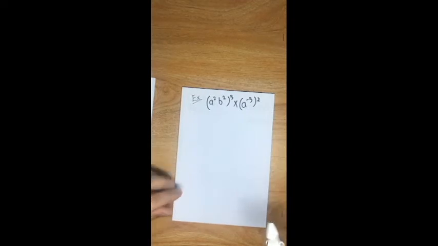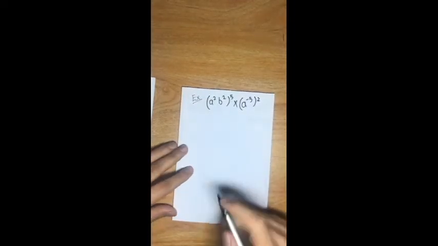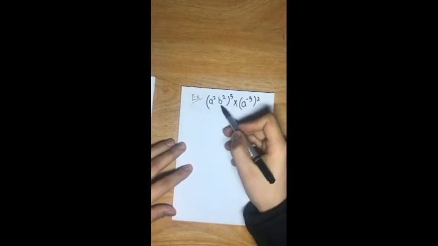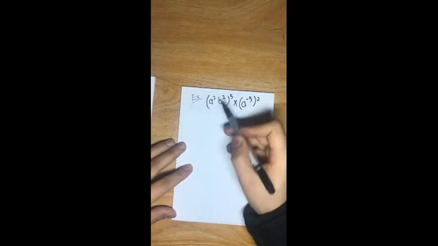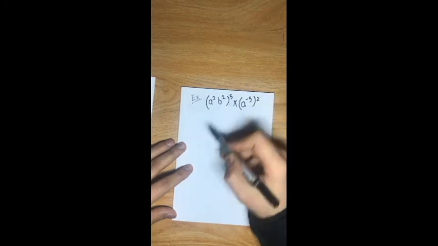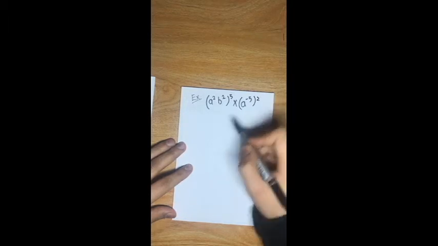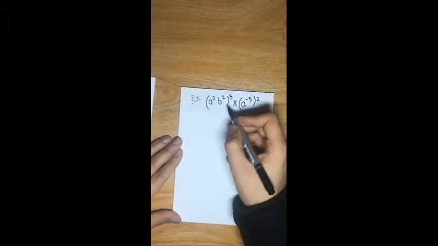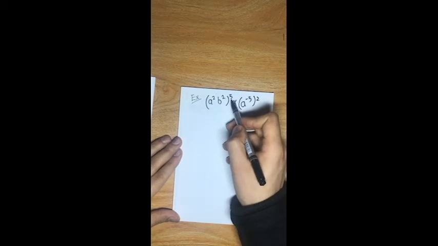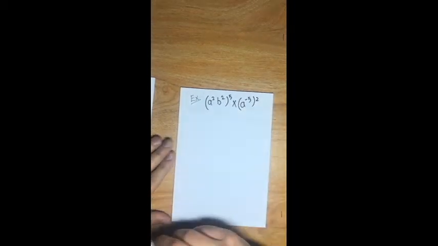Okay, now let's do this exercise. We have this expression: a to the power of 2 multiplied by b to the power of 2, both raised to the power of 5, times a to the power of negative 5, all raised to the power of 2. The first step is to share this power over these two terms.